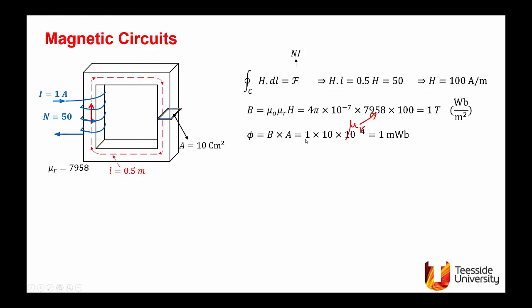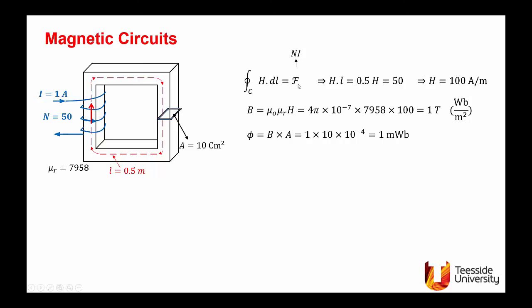B is 1, A is 10 centimeters squared. In meters, 10 centimeters squared is 10 multiplied by 10 to the minus 4. It will give me 1 milliweber, or 10 to the power minus 3 weber. So that's the flux phi.